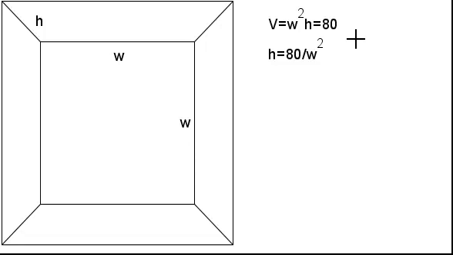One useful bit of this representation is we can pretty easily see what's going to happen as far as the domain goes. Looking at the top one, we know W is not going to be 0, otherwise the volume couldn't possibly be 80. You certainly don't want negative W's, so W is going to be positive.